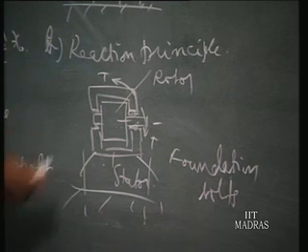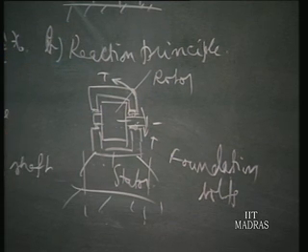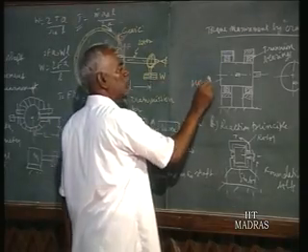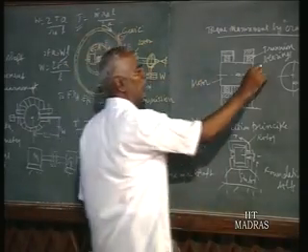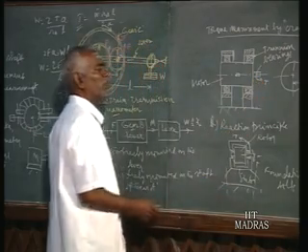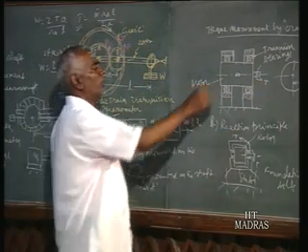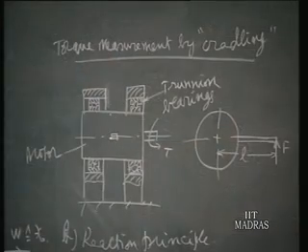But now when we want to use the reaction torque itself to measure the torque developed in the rotor, then we don't fix the stator. That is the logical approach. So here it is a motor whose developed torque we want to measure. Torque T is developed, the torque we want to measure. So naturally, don't fix this stator to the ground.